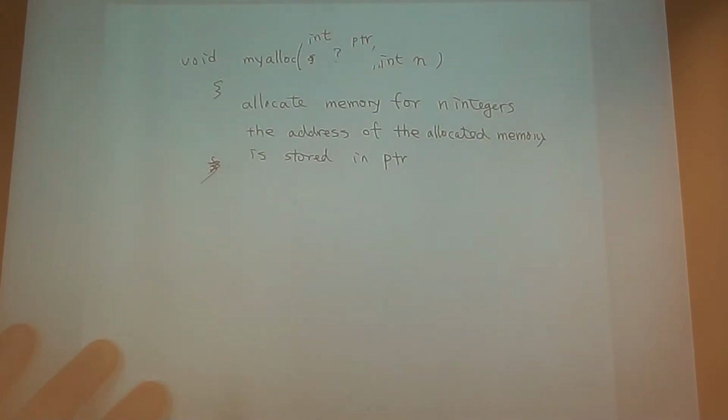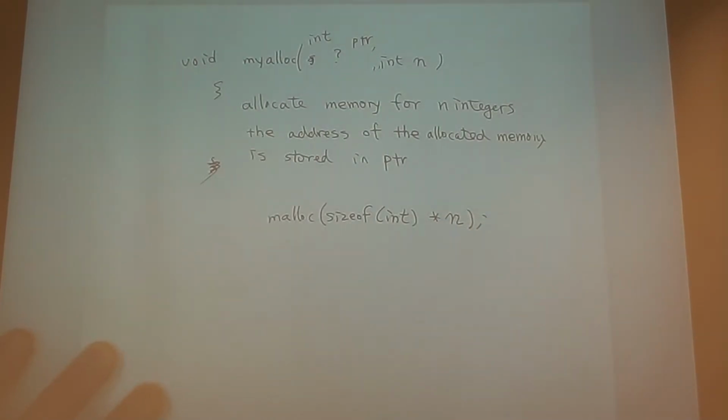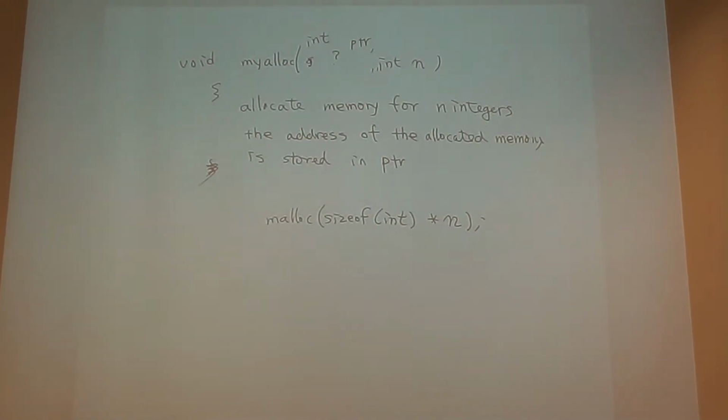So you know somewhere inside the function you are going to do malloc of size of integer multiplied with n. Does that make any sense? And this will assign to PTR somehow. You need to send a pointer, yes.